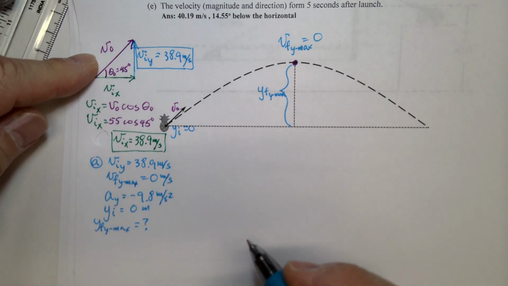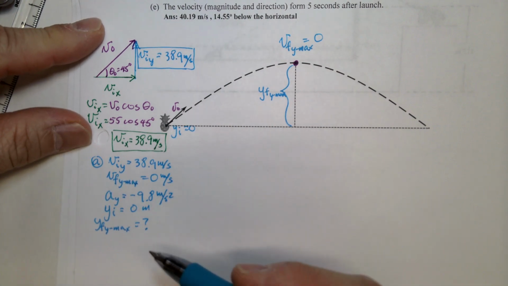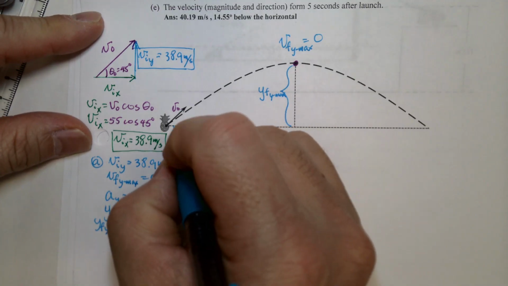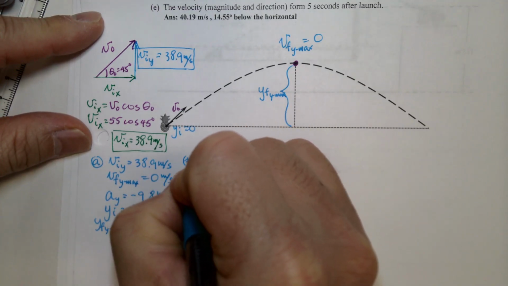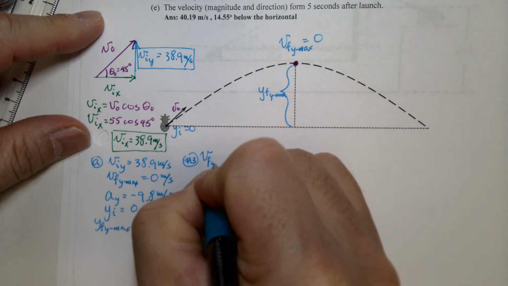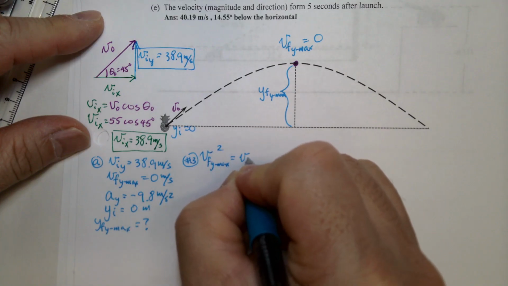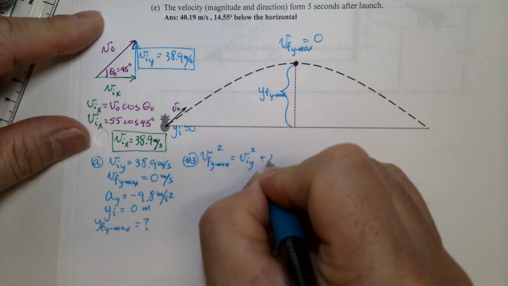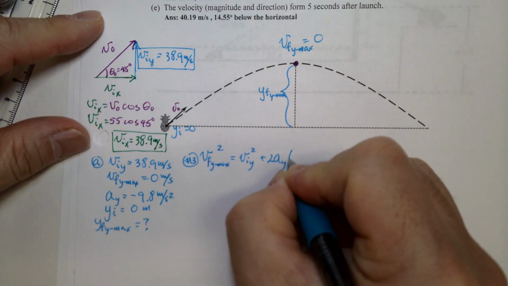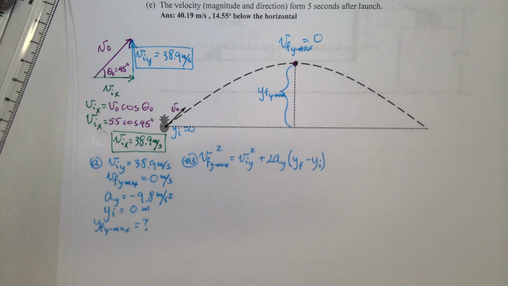It looks like we have all this stuff except for time, and when we don't have time, then we have to use equation number 3. Equation number 3 states VFY max squared is equal to VIY squared plus 2 a sub y times y final minus y initial.